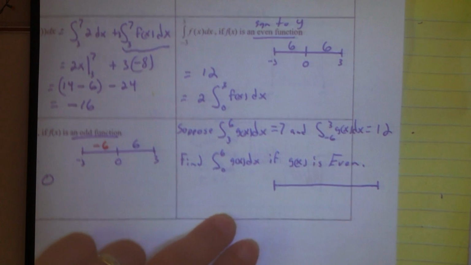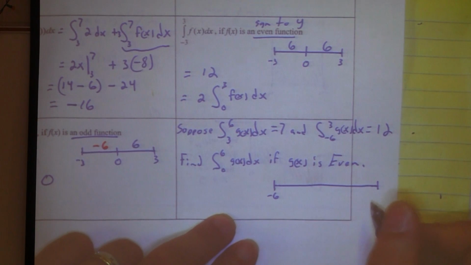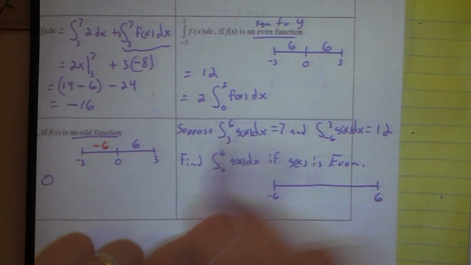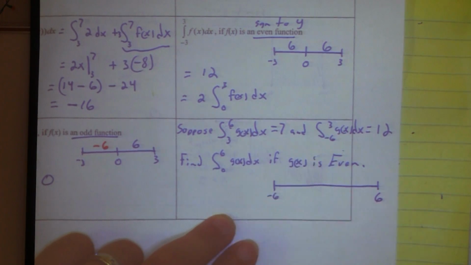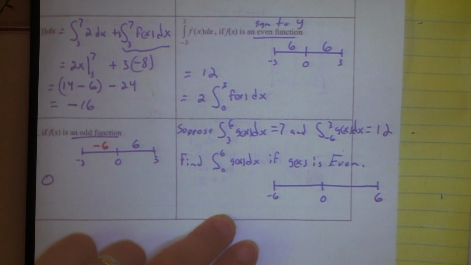Not 0 to 6. From negative 6, right? All the way to positive 6, right? What's in the middle? 0. Is there anything else that I know?